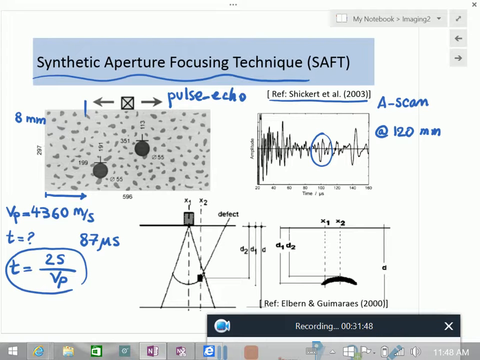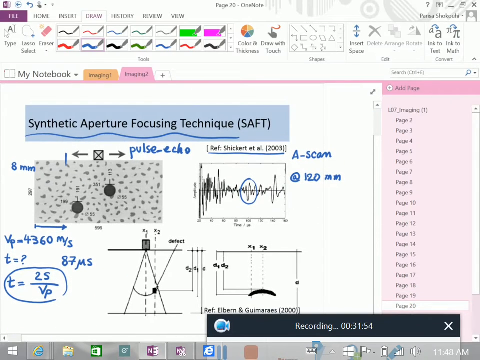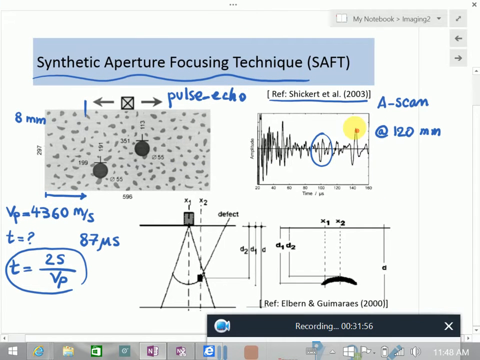So this is coming from the hole. What do you think this other big indication is coming from? The lower boundary. Yeah, the back wall of this slab. So the same way you can calculate where you expect to see it. If you have a pulse echo measurement, this is how you interpret it, pretty much. Okay.